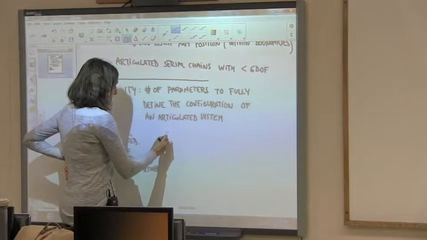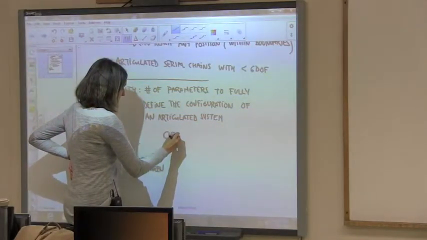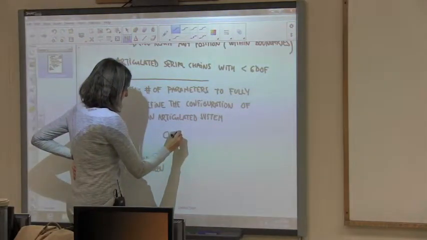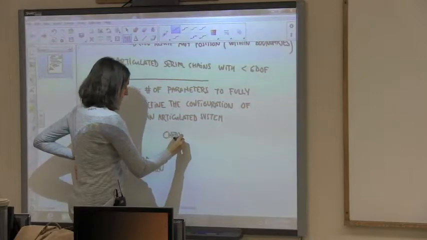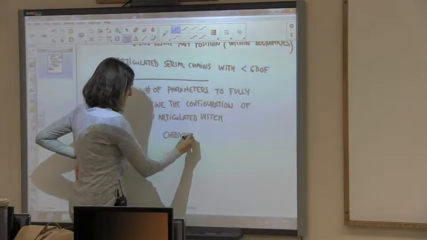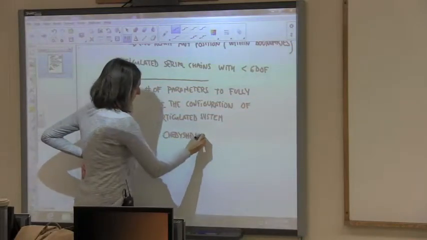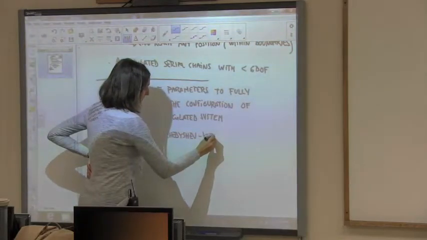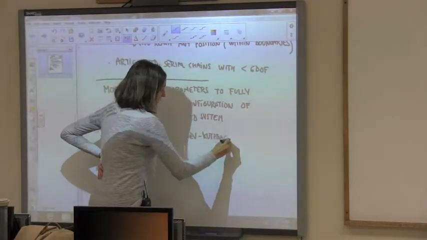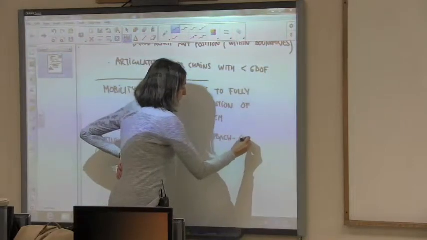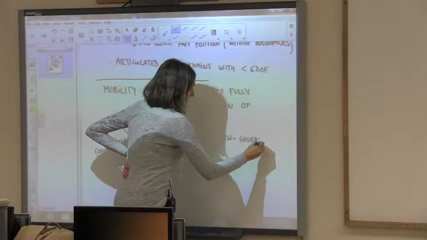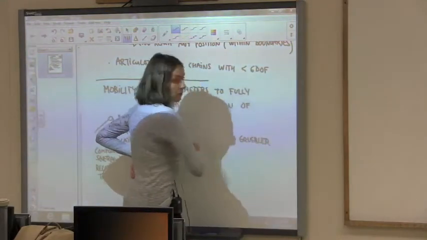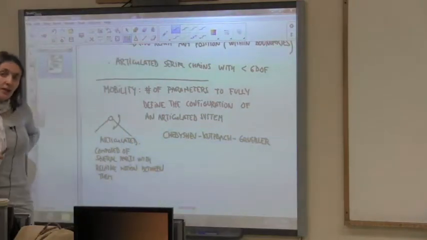So Chebyshev, I want to say, I'm not sure. Chebyshev, Kutzbach, Grübler formula. It's an easy to apply formula, and I think that's the one that you guys have in the notes.